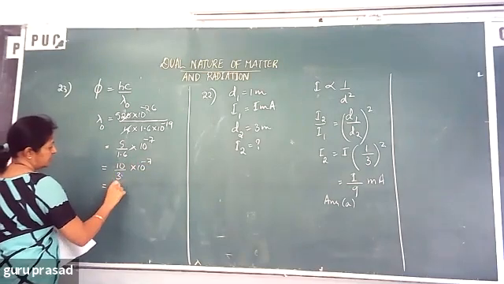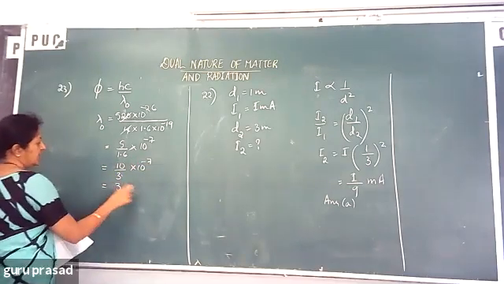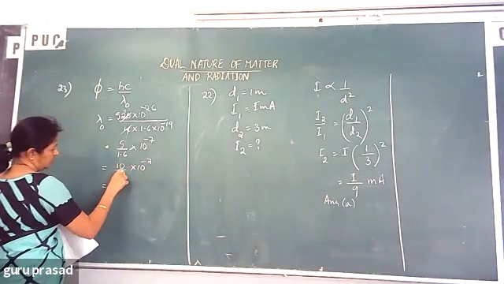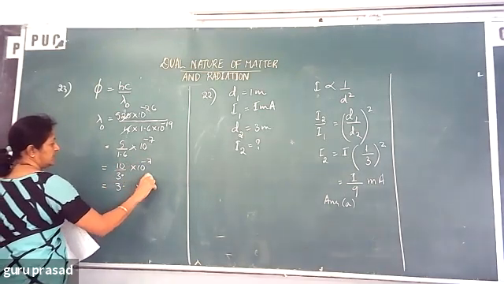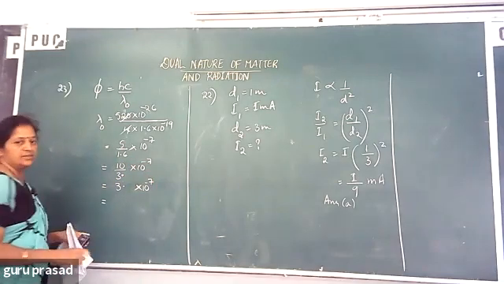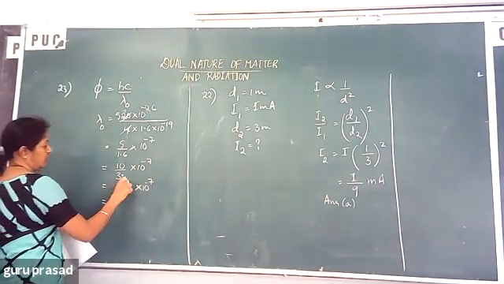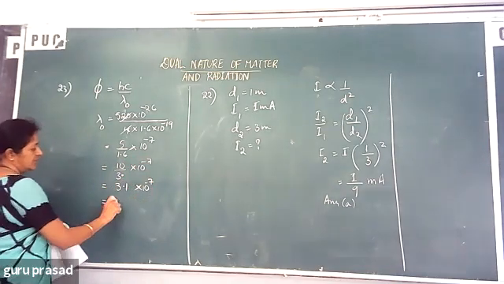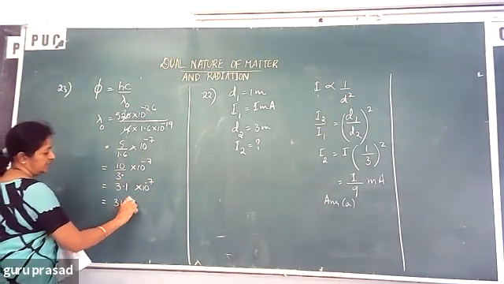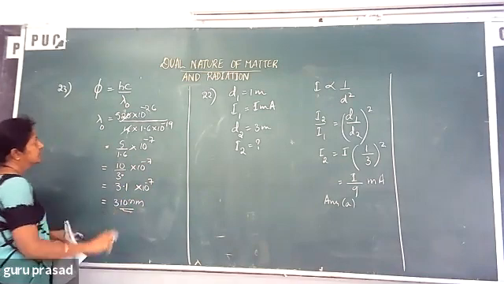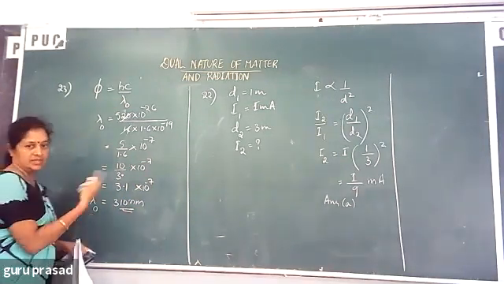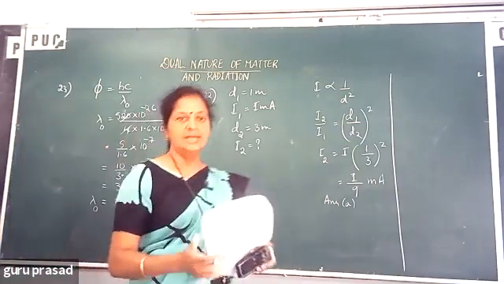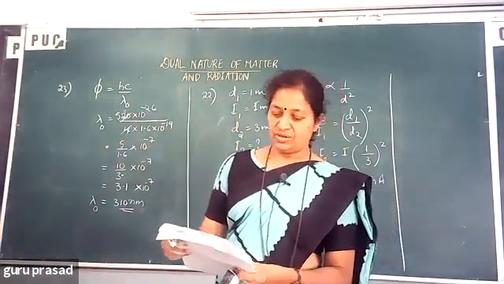Almost 3 times, 3 point something into 10 power minus 7. If you want to write in nanometer, it is 3.1 or 2 or something like that, almost 310 nanometer. This is the maximum wavelength, above which no photoemission takes place. Threshold wavelength.